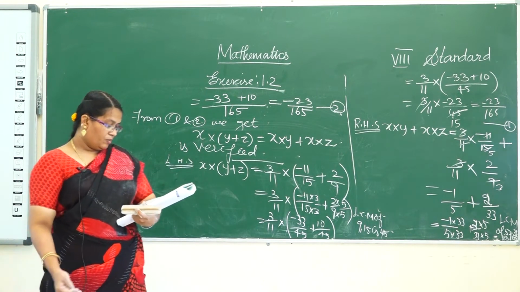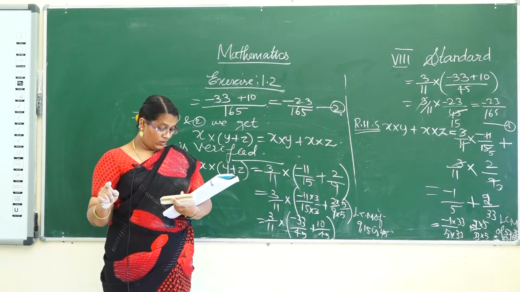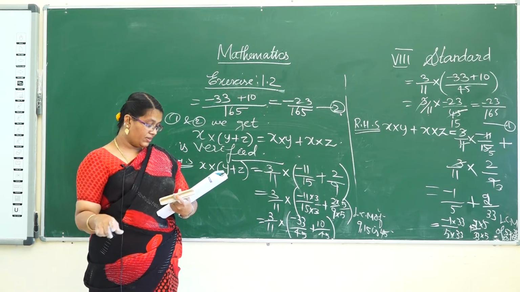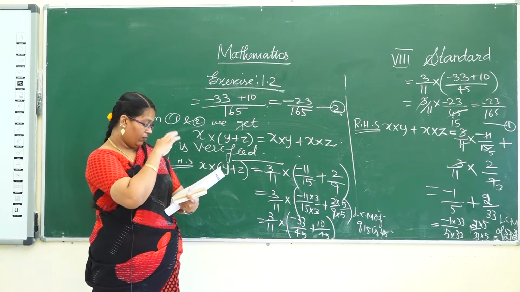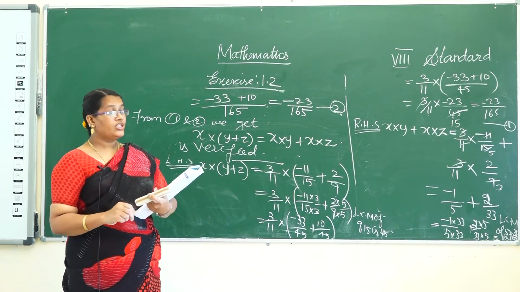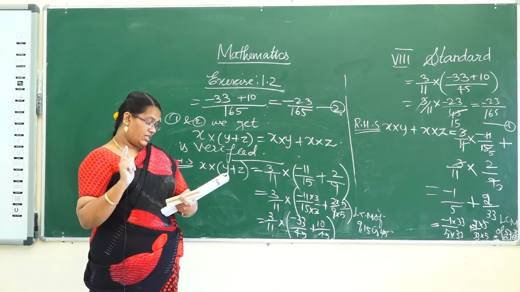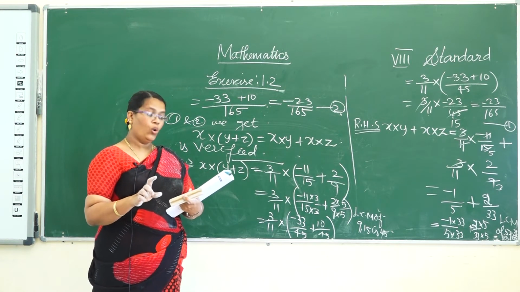Okay. So B in the second subdivision is homework, and the seventh one, A and B, is also homework, because it is the same property, the distributive property of multiplication over addition. So 6th B and 7th A and B are the homeworks.